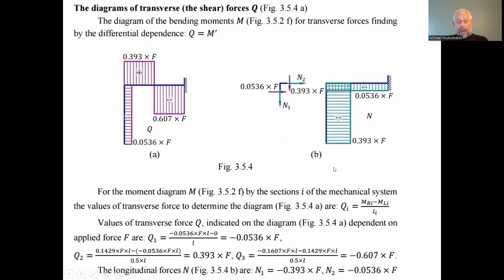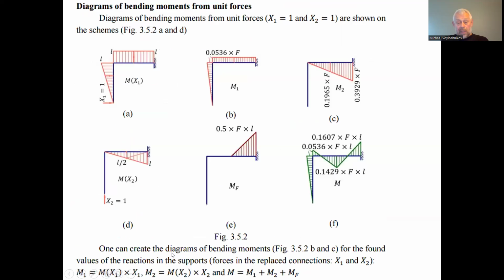Considering the adopted sign law for this assignment, it will be positive, because from the positive magnitude of the bending moment we subtract a negative magnitude. So the upper value is negative, the lower one is positive.